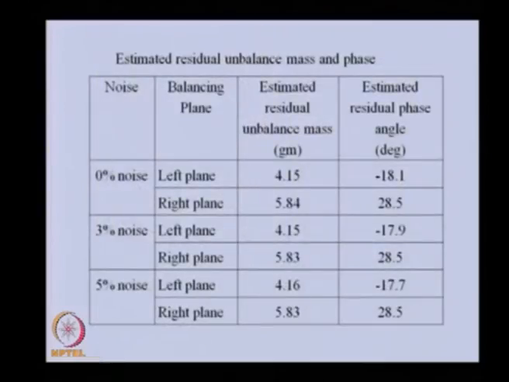Then using these responses with the influence coefficient, we did the residual unbalance calculation. These are various estimations for various cases, they are consistent, and we are obtaining these basically in the left and right planes.